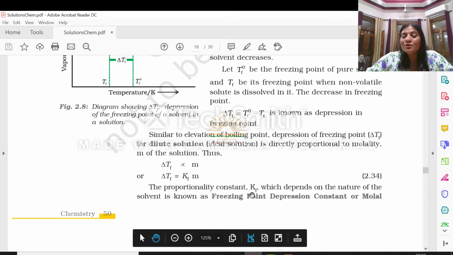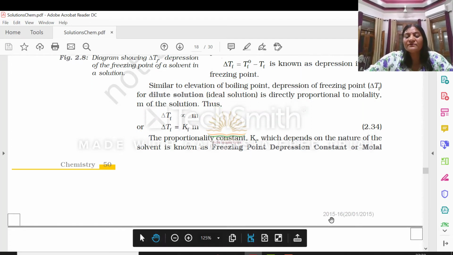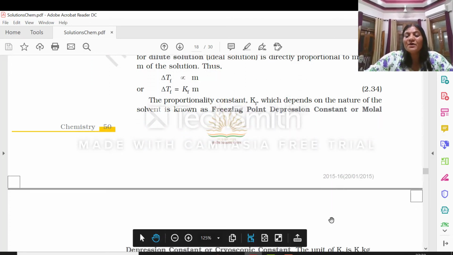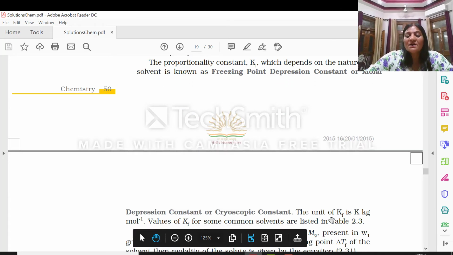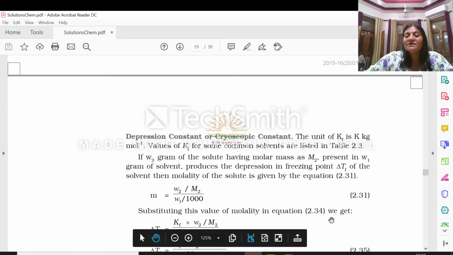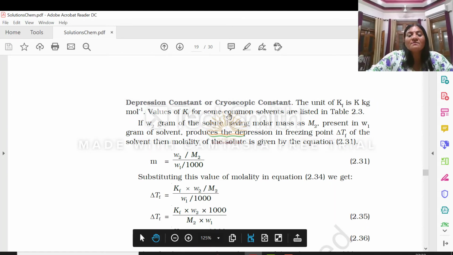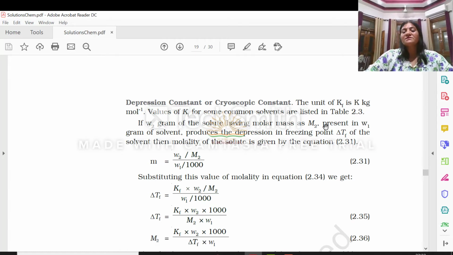Kb was the ebullioscopic constant and Kf is the cryoscopic constant. Both equations are the same, only the difference is the delta TB and delta TF. Freezing point depression constant, molar depression constant or cryoscopic constant. And the unit of the Kf is the same, Kelvin, kilogram, mole inverse.